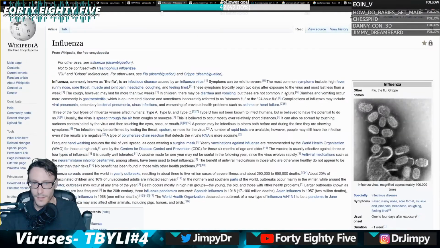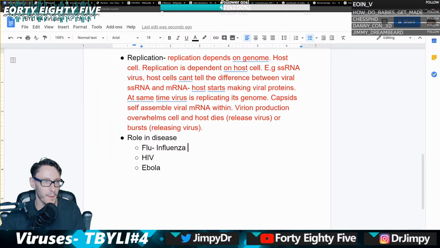So what I wanted to point out with flu is because we've had a few flu pandemics over the last few years, swine flu being one of them, avian flu being another one. And this just refers to the first instance of zoonotic transfer, so transfer from animals into humans.